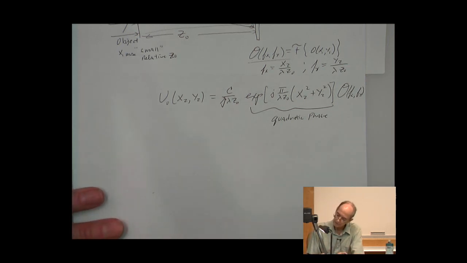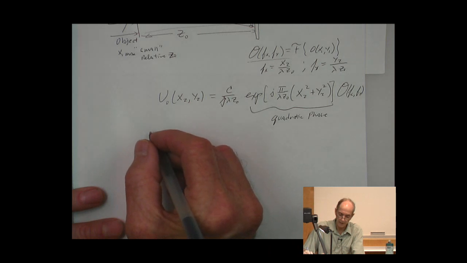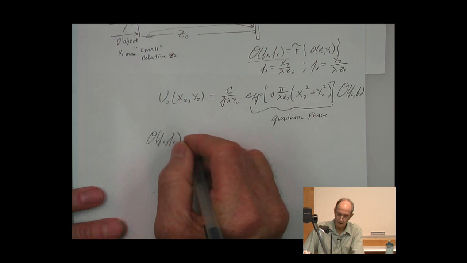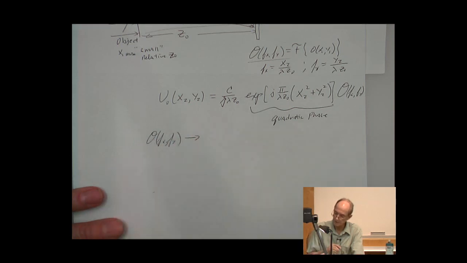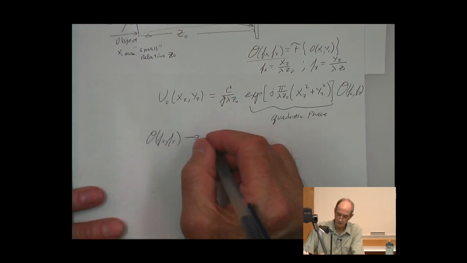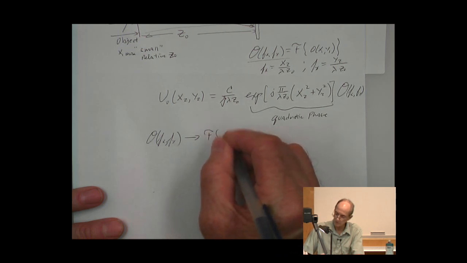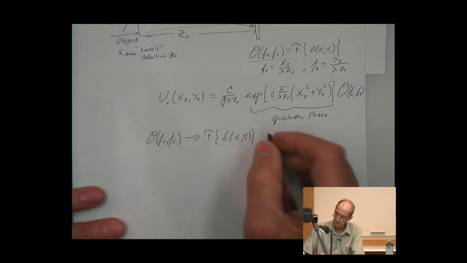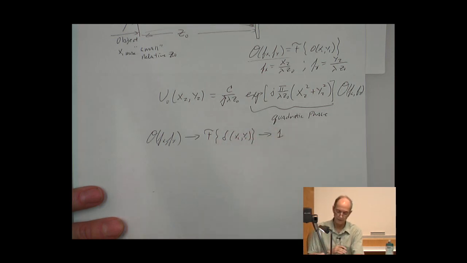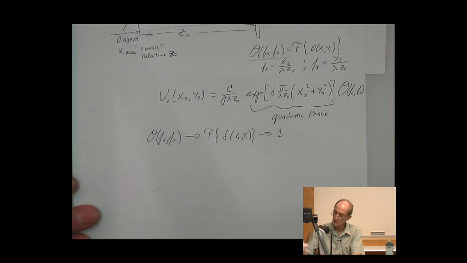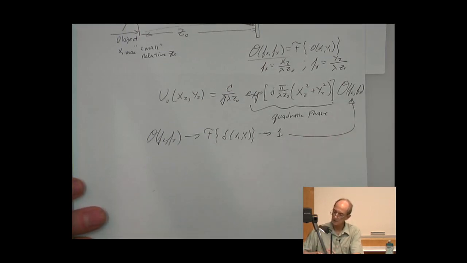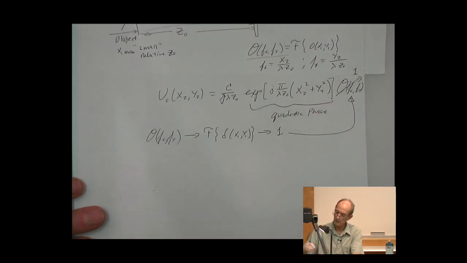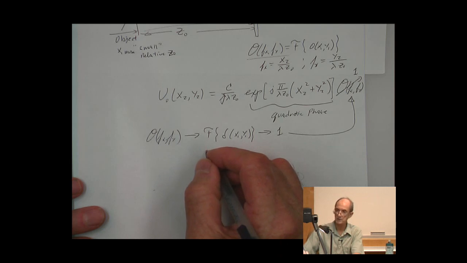So in considering that, for the objects that we would have, this O of fx, fy, in the limit here is going to look like the Fourier transform of a delta function of x1, y1. So this then goes to 1, all right? And so this here can basically go to 1 when we have very small particles, aerosol particles or blood cell particles.